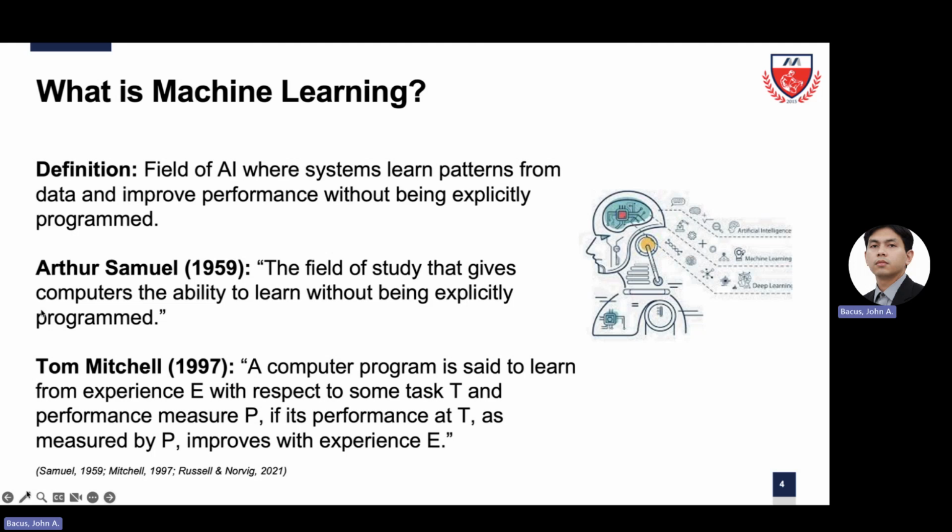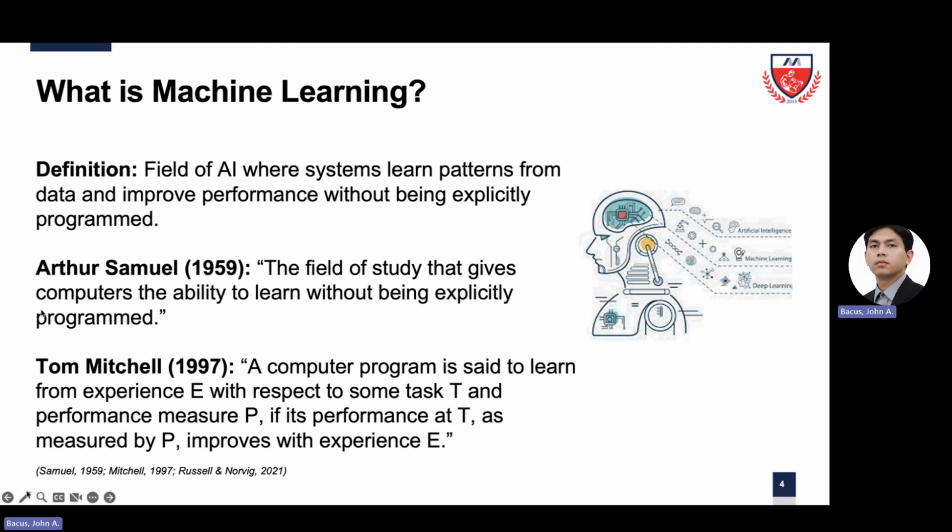And according to Tom Mitchell, a computer program is said to learn from experience with respect to a task and a performance measure, if its performance at the task, as measured by the performance measure, improves with experience. So of course, if we give tasks to the machine and it learns through its experience, then that is machine learning, right?